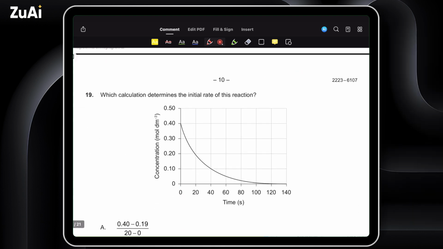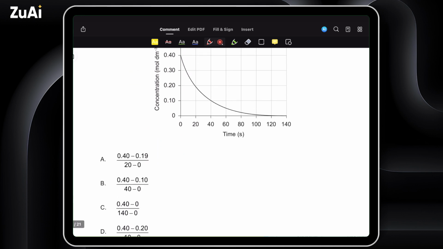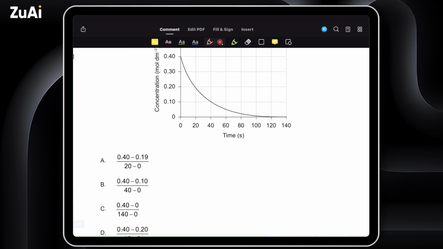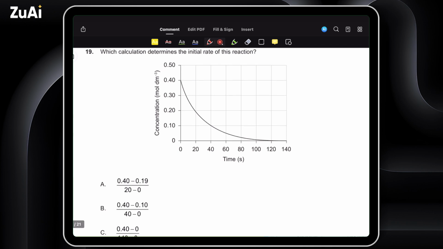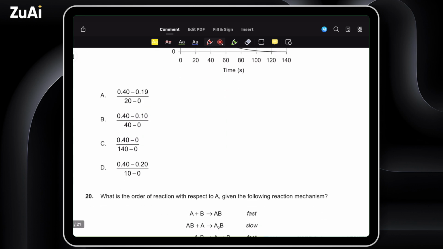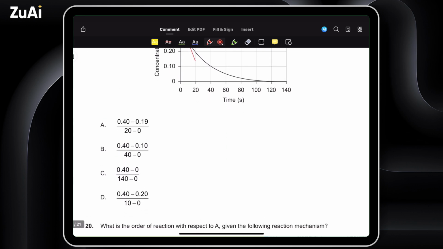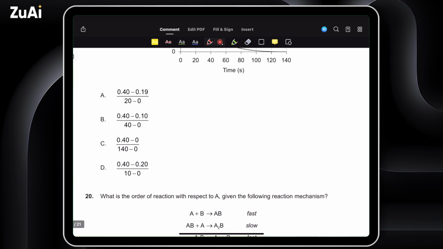Which calculation determines the initial rate of this reaction? Rate is basically change in concentration over change in time. So if you place a tangent there, 0.4 divided by 0.2 and 10 minus 0.